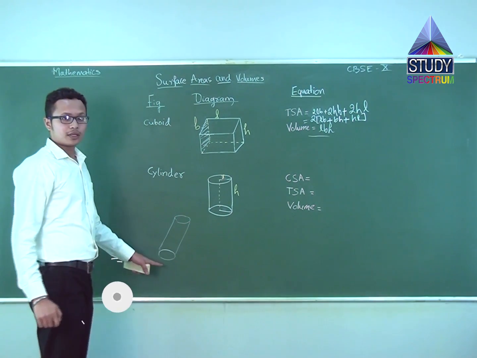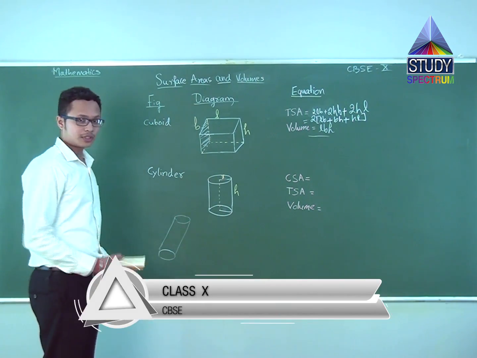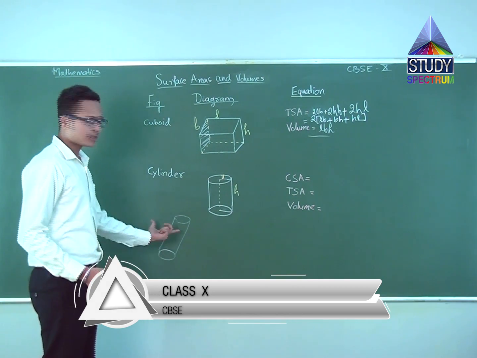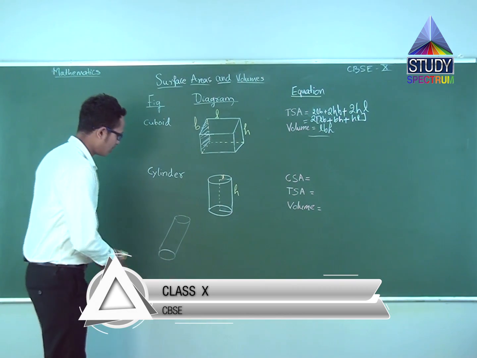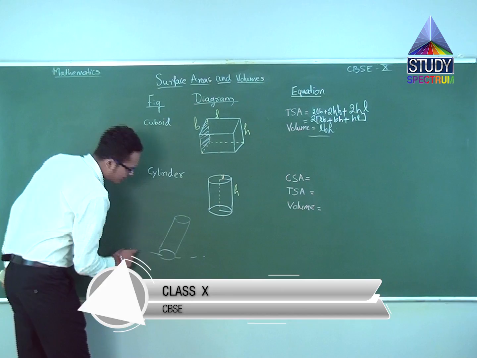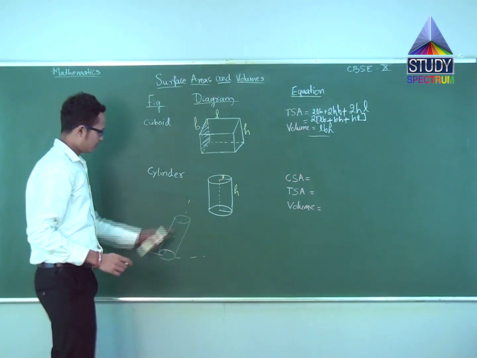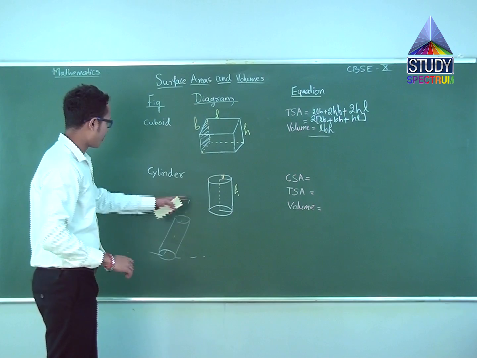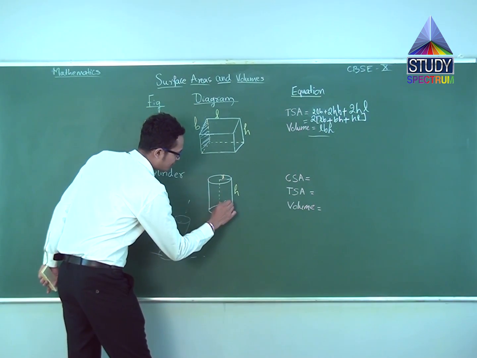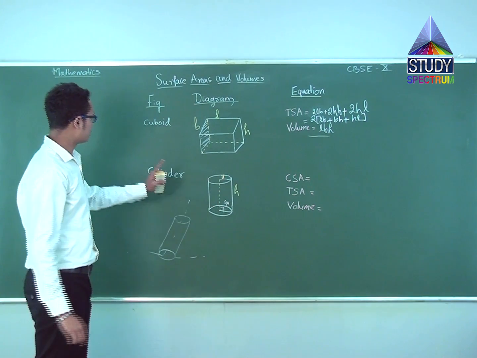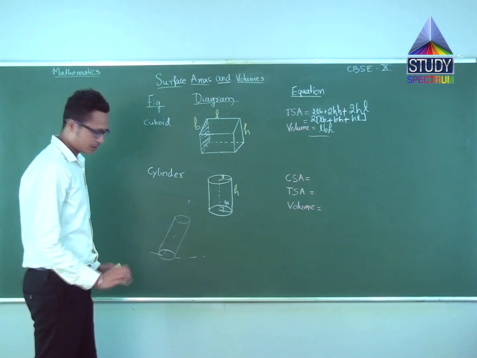Well, now it is for you to observe that this cylinder is not at right angles because it is not making a 90 degree angle with the axis of the cylinder. Here you have 90 degree, therefore it's called a right angle cylinder, and this is not a right angle cylinder.